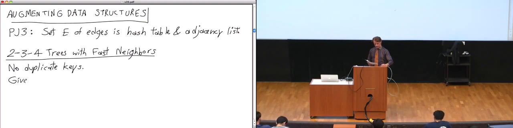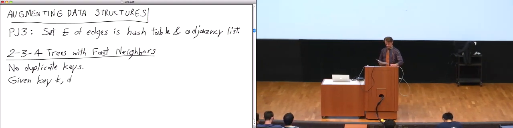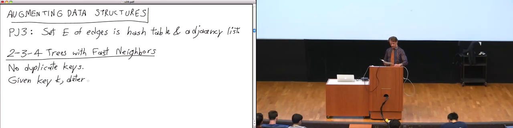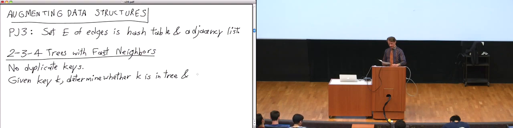The goal of this data structure is you are given a key K, and you want to determine, first of all, whether that key is in the tree, and what the next larger and next smaller keys are.